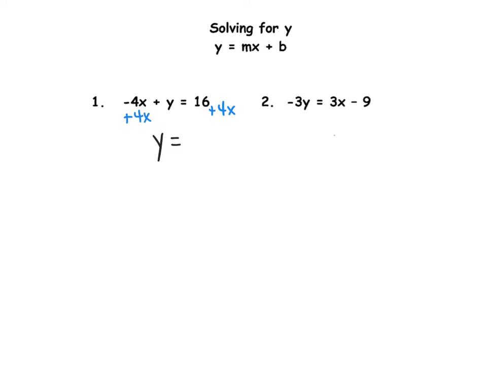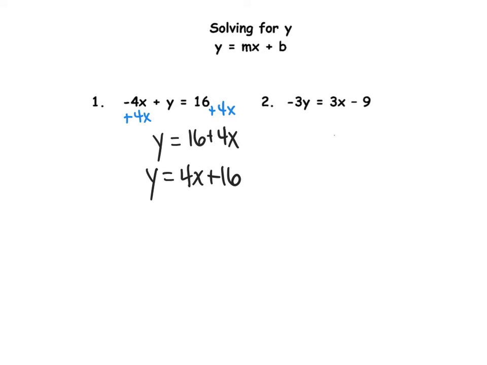Y equals, let's pretend that we need to take it step by step. Put 16 plus 4x, but then switch it. Right after the equal sign comes the x term. Thank goodness they're all positive. That's easy. Y equals 4x plus 16.